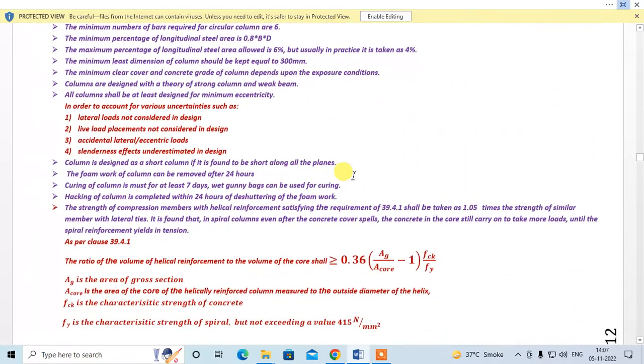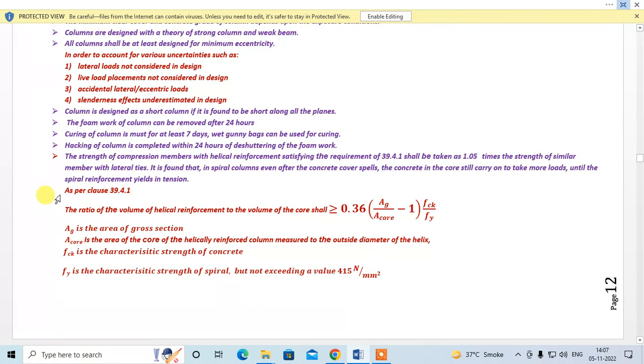Okay, so this is the reason, right? As per clause 39.4.1, the ratio of the volume of helical reinforcement to the volume of the core shall be greater than or equal to 0.36 (Ag/Ac − 1) fck/fy.